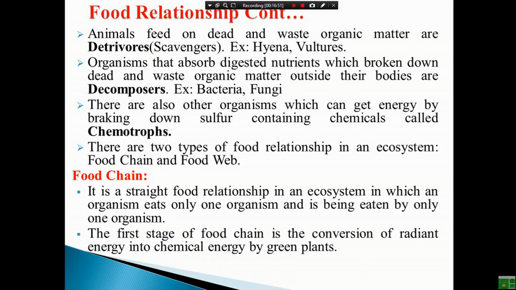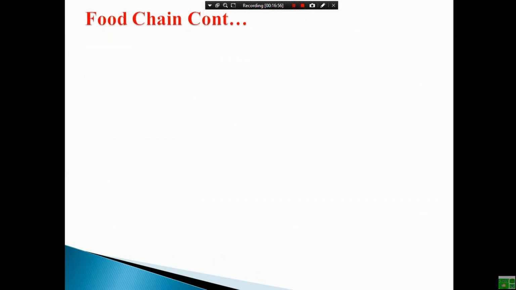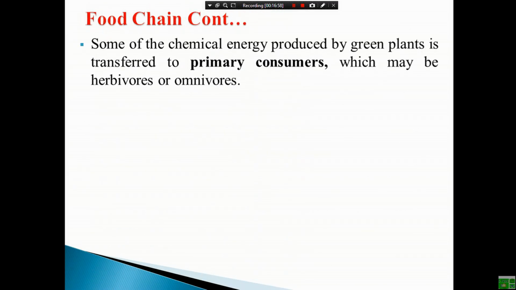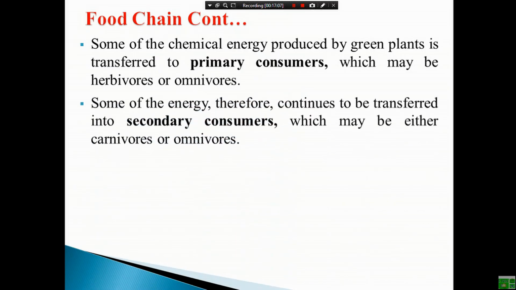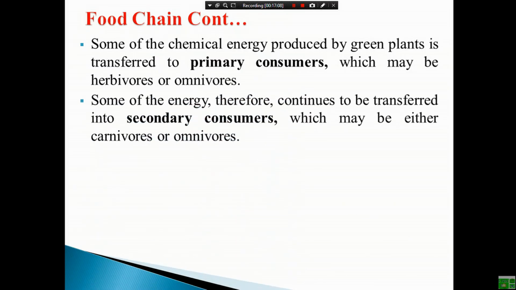The first stage of a food chain is the conversion of radiant energy into chemical energy by green plants, and some of the chemical energy produced is transferred to primary consumers, which may be herbivores or omnivores. Then some of the energy continues to be transferred to secondary consumers, which may be either carnivores or omnivores.